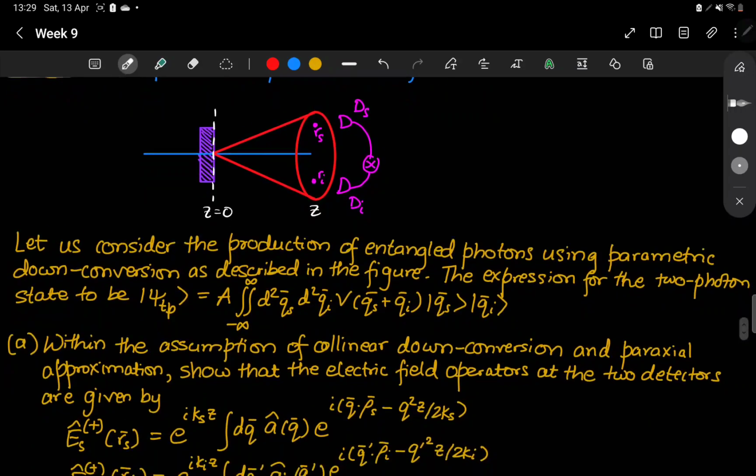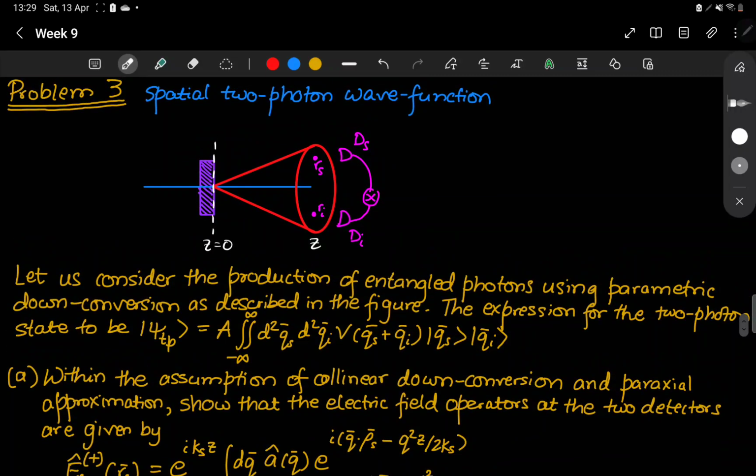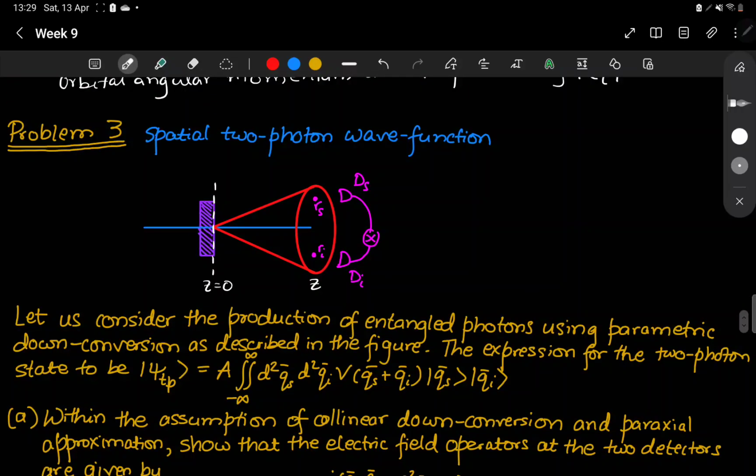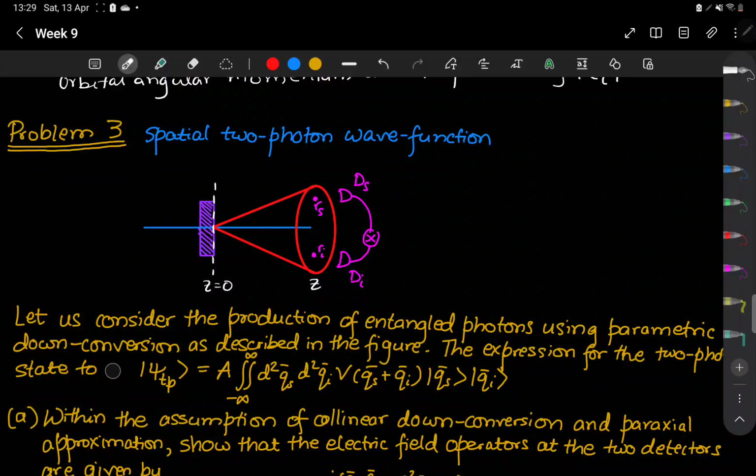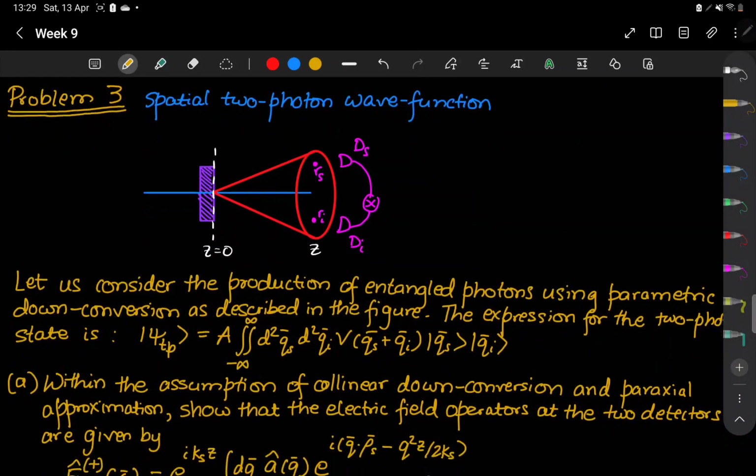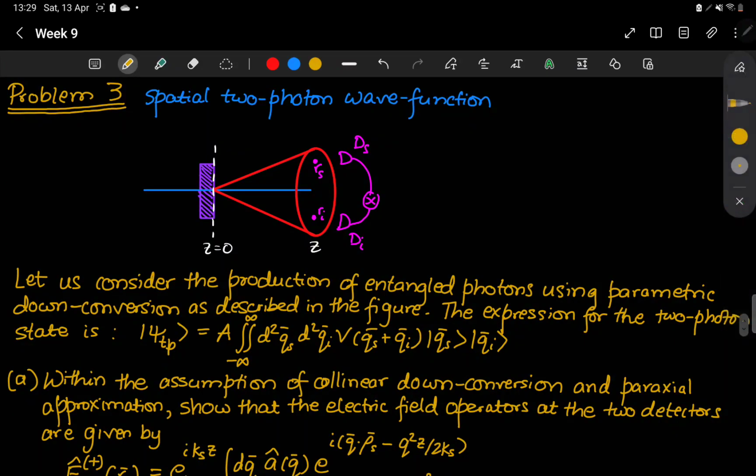The expression for the two-photon state is given by psi Tp, which is integral over V Qs plus Qi state Qs state Qi.